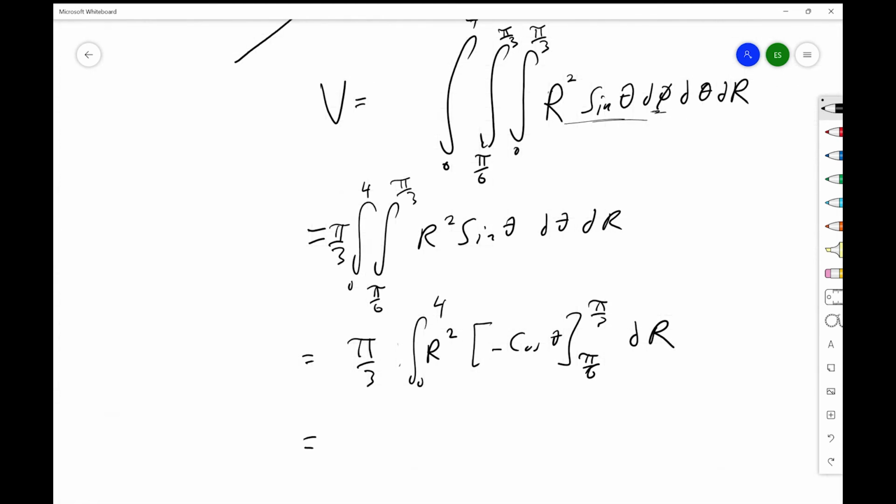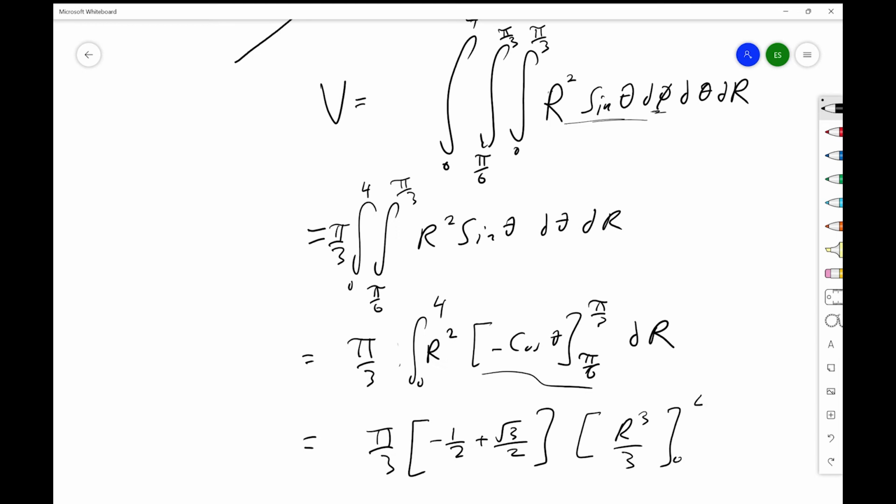And then when you do this calculation, this is going to be pi over 3, and then this evaluation is going to be minus half plus square root 3 over 2. And then you integrate r squared dr, which is r cubed over 3 from 0 to 4.